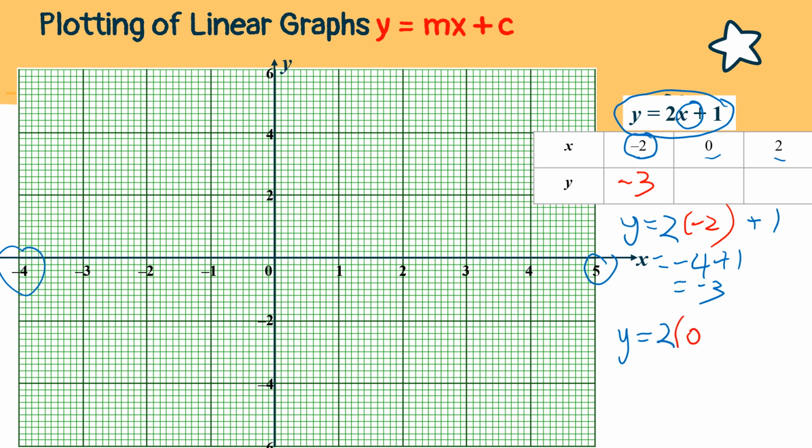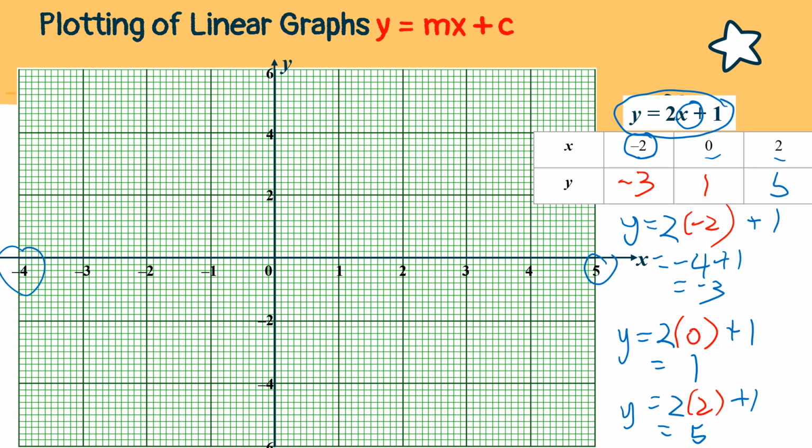It can be again any point on the x-axis. So we have 2 bracket 0 plus 1, and that will give us 1. Finally, for the third point, we have chosen the x coordinate of 2. So we will have 2 bracket 2 plus 1, that will give us 5.